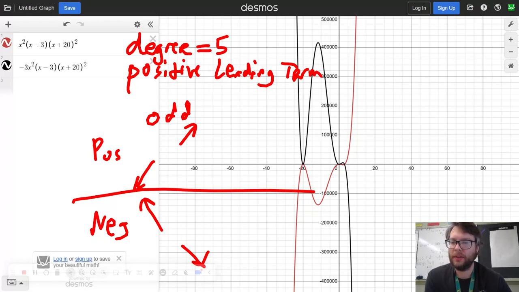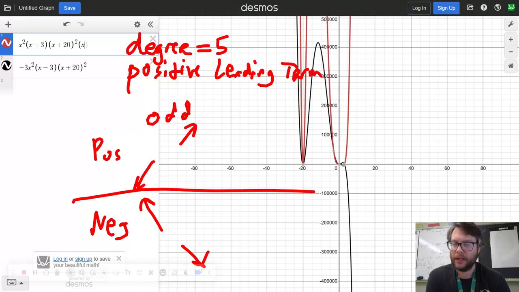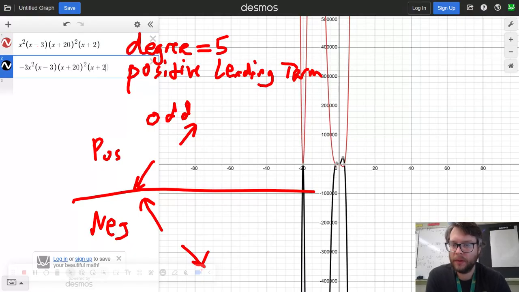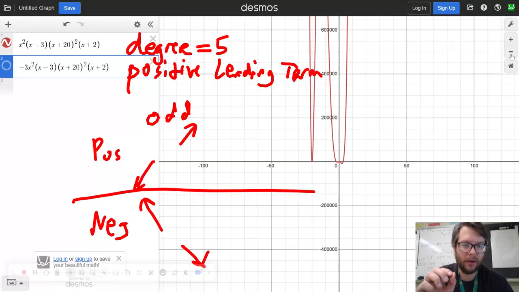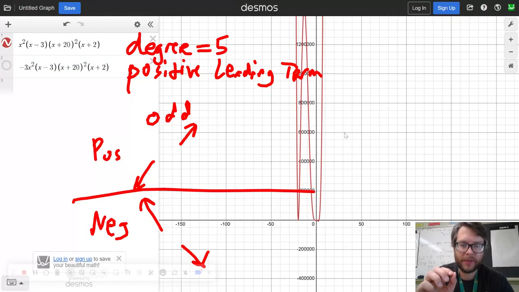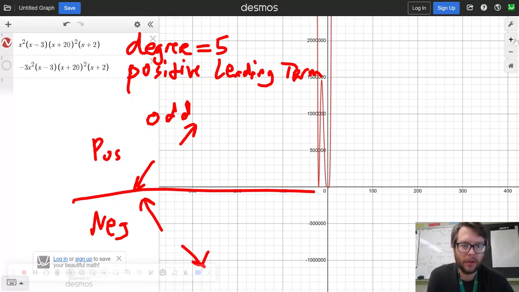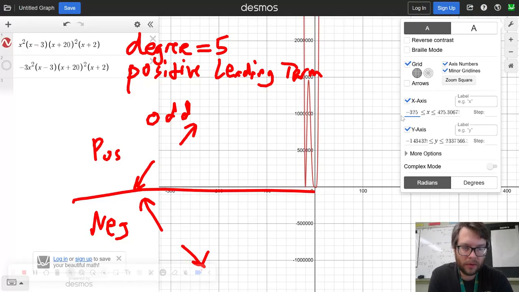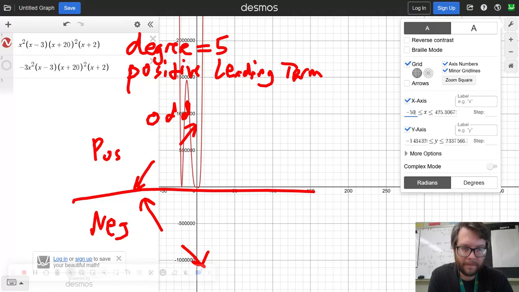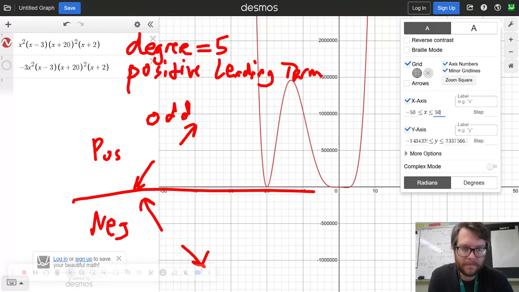Well, that's for odd degrees. Let's make it into an even degree. Let's put an x plus 2 on there. Let's put it on both of them. So we'll look at the red one first. When it's an even degree, I hope you can see how it's pointing up on both sides. Let me adjust those x's in one more time. There we go.